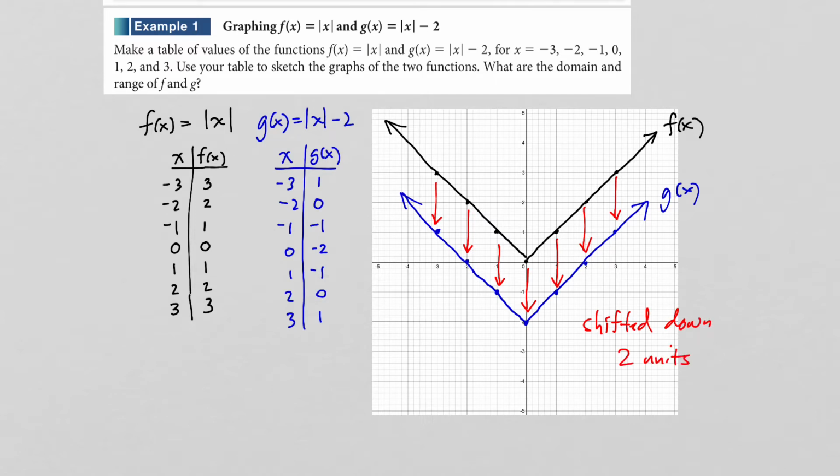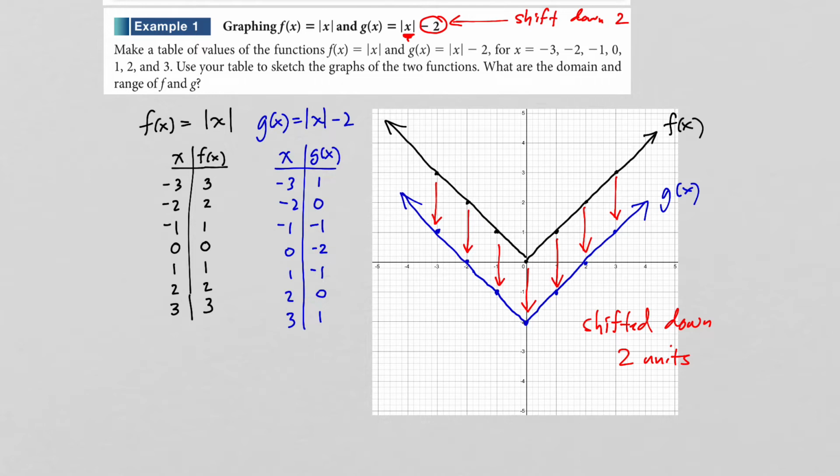Now, of course, we could have graphed this much more rapidly if we just notice that g of x is defined to be the absolute value of x minus 2. And that minus 2 is what shifts the graph down 2.